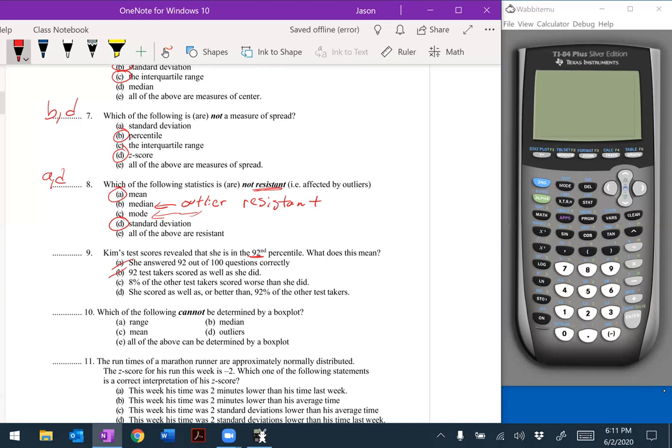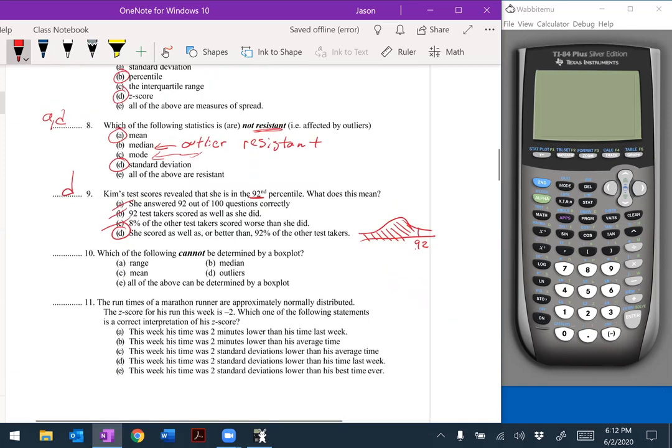No, that would mean that she's in the 8th percentile, not the 92nd percentile. She scored as well or better than 92% of other test takers. She would be way over here at 92%, and she would have scored better than 92% of the other test takers. That is correct, D.